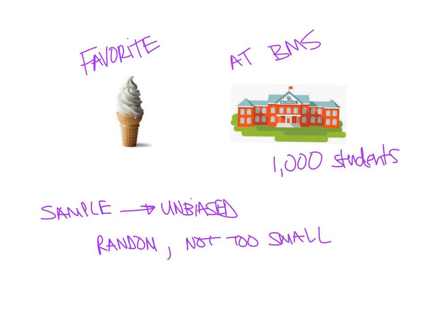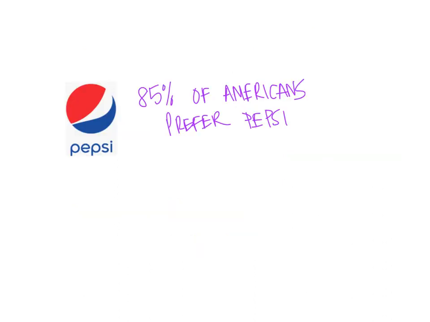It's not a good idea for Stephen to survey 2 students and determine that 50% of the school prefers vanilla ice cream. You've seen these types of surveys conducted. For example, Pepsi will tell you that 85% of Americans prefer Pepsi. However, they didn't survey the entire population or every American. What they've done is they've surveyed a sample and then have used that sample to make a prediction.